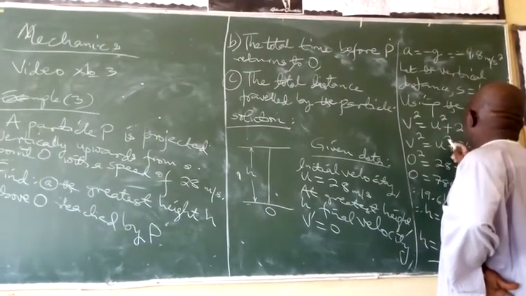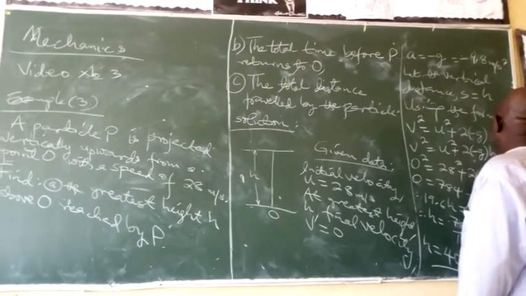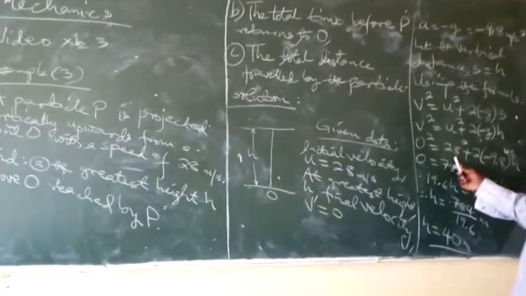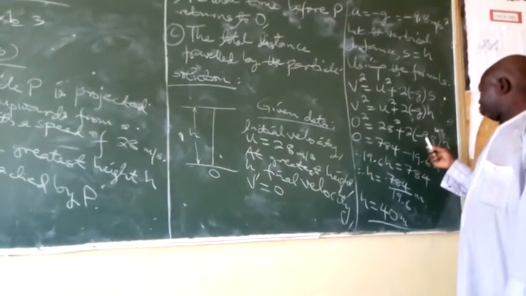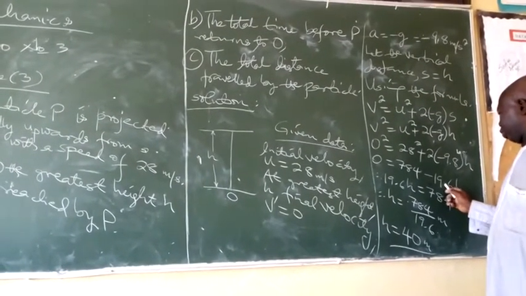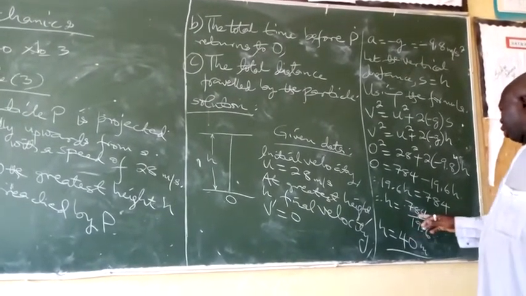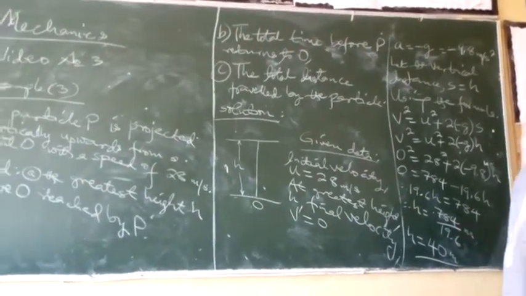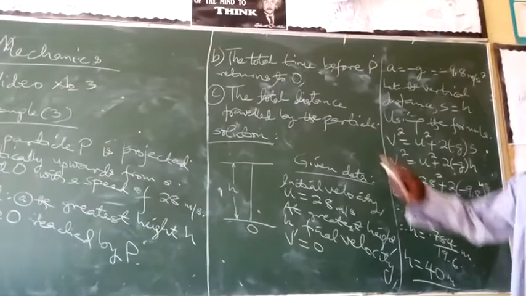So 0 squared is equal to U squared, which is the initial velocity given, 28 squared, plus 2 into minus 9.8 H. From calculation, 28 squared is 784, minus 2 times 9.8 is minus 19.6 H. Now, solving for H, I have H equals 784 over 19.6 meters. So H is equal to 40 meters. That is the greatest height traveled. This answers question A.